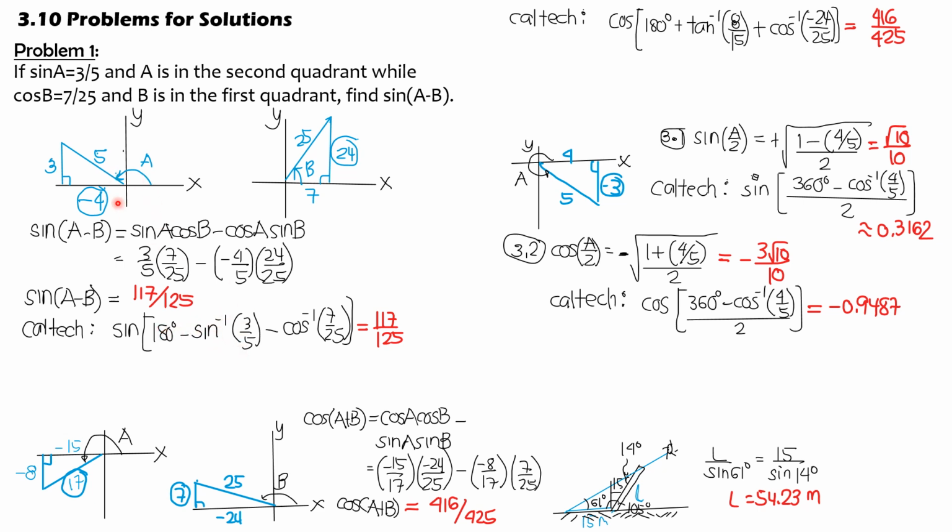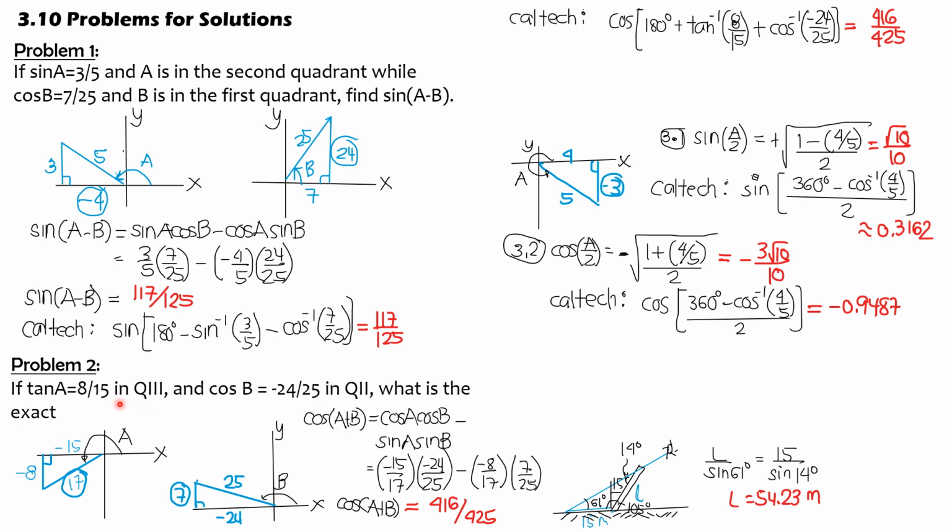So you can use inverse cosine of -4/5 instead. Then pressing equals, your calculator will display 117/125.